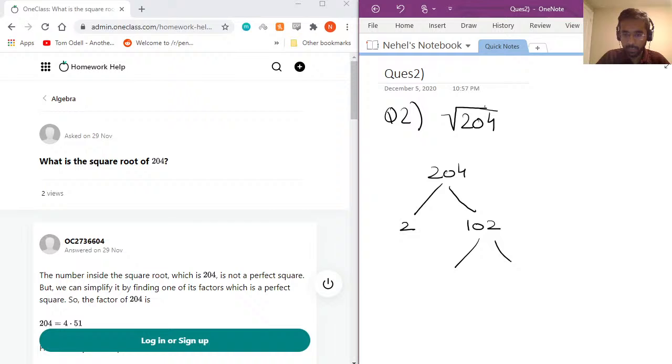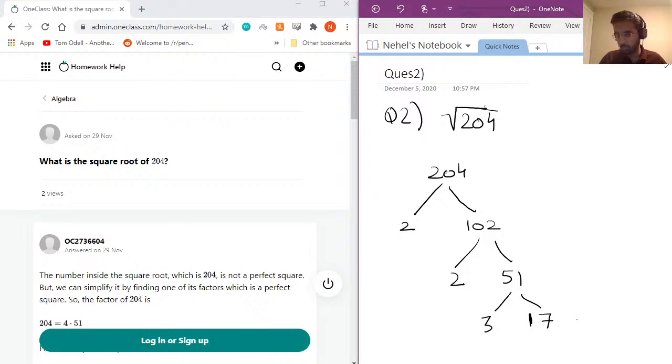Again we can divide this by 2, we get 51. Now it's no longer divisible by 2, but let's see if this is divisible by 3, since the sum of the digits is equal to 6, which is divisible by 3. So we would say 3, and that's equal to, I believe, 17.